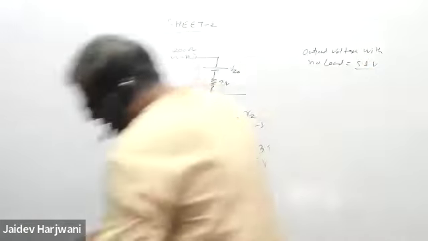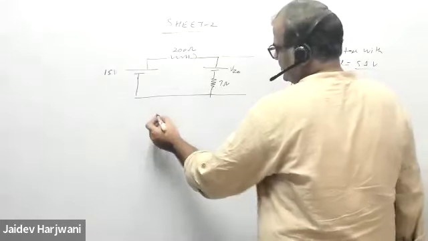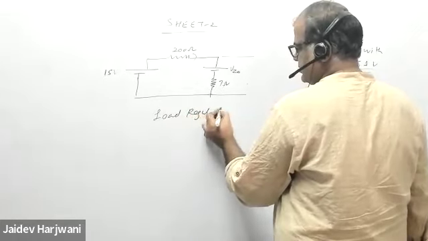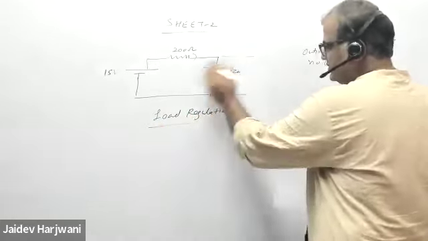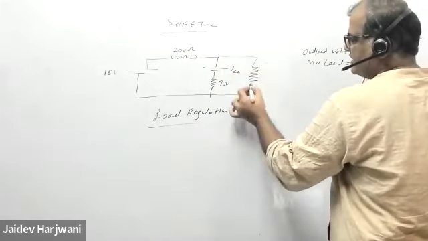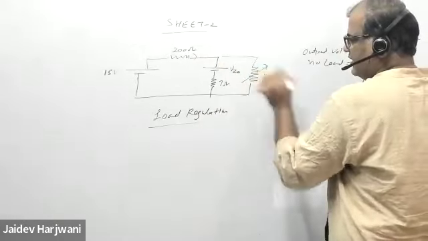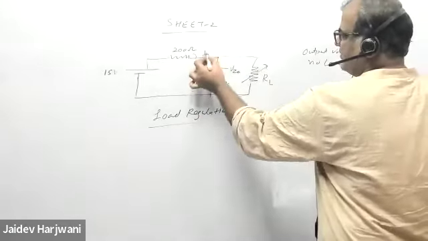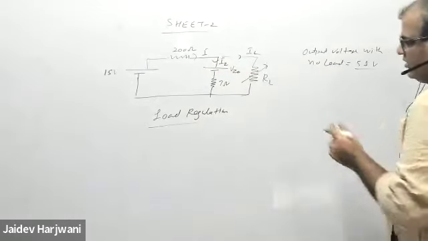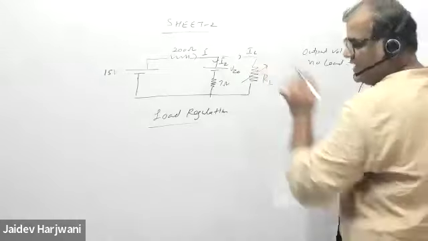Load regulation means you are keeping the input voltage fixed. So what is the effect of load on this? If it is a battery, even if I change the resistance, this voltage will not change. But if I change RL, IL will change, and accordingly IZ will also change.